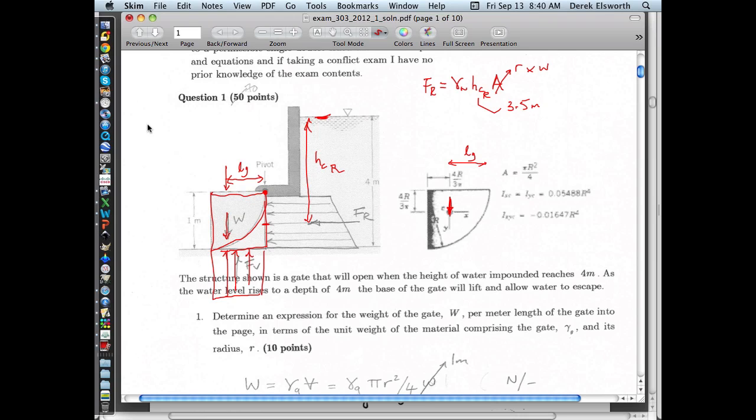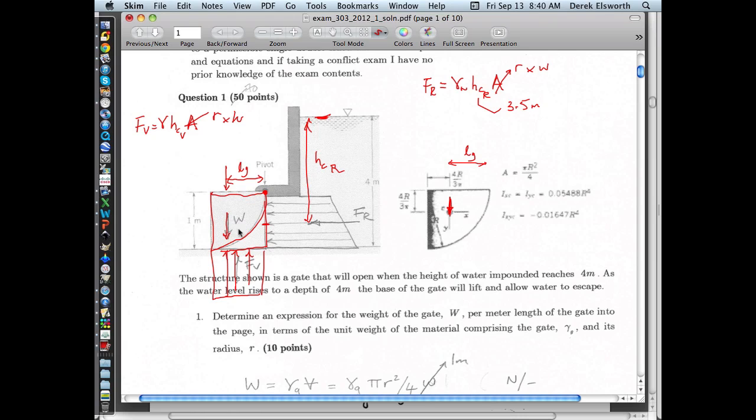And we can get F_V from the same. F_V is going to be equal to the unit weight of water multiplied by the depth of that centroid multiplied by the area. What's the area? It's the area of this surface, so it's going to be equal to the radius times 1 again, the width into the page, which is 1.